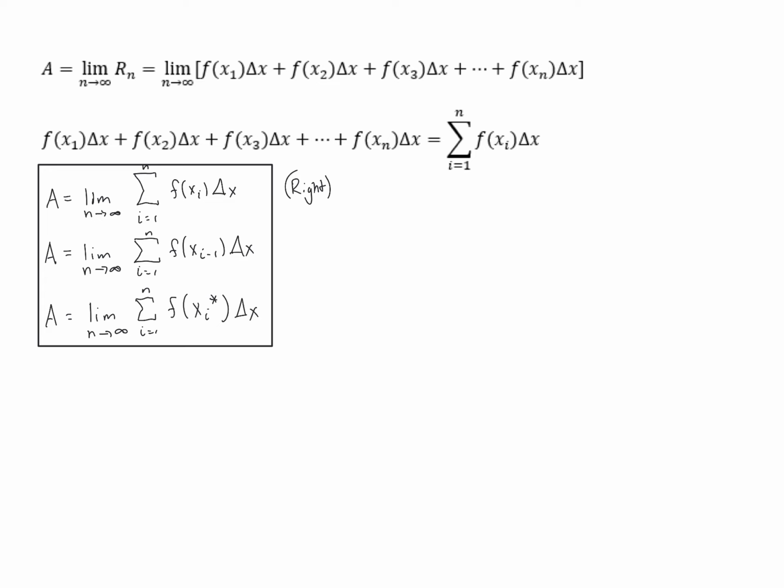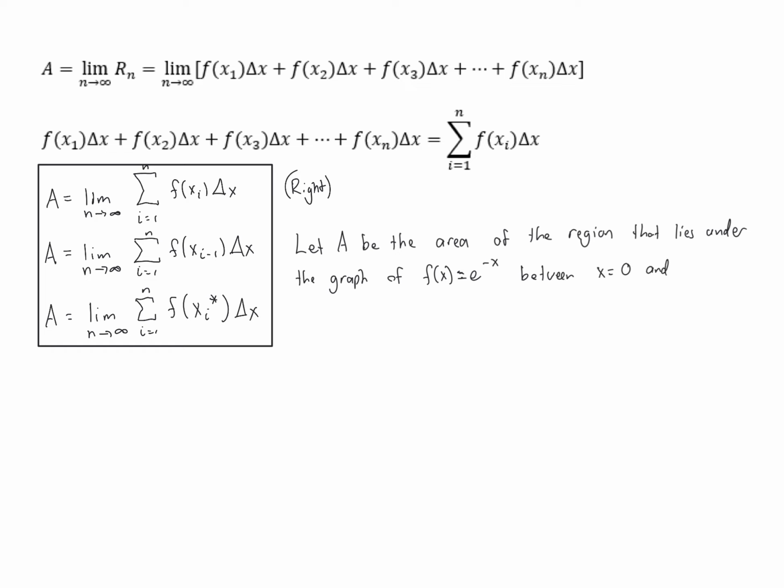So let me give you that. Let A be the area of the region that lies under the graph of f of x equals e to the negative x between x equals 0 and x equals 2, using right endpoints.